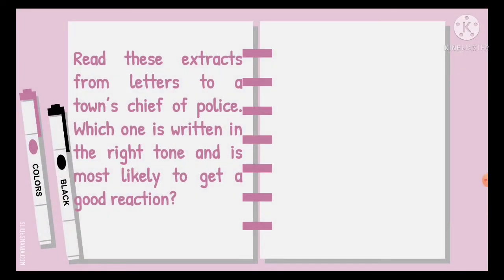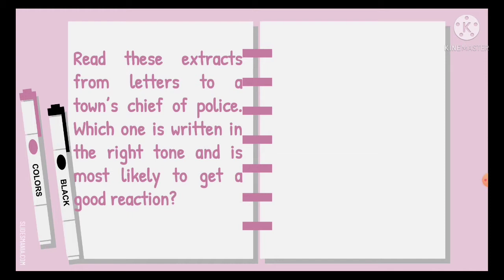Okay, so the first exercise from the book asks you, now look at the exercise. Read the instruction. The instruction is: read these extracts from letters to the town's chief of police. Which one is written in the right tone and is most likely to get a good reaction?